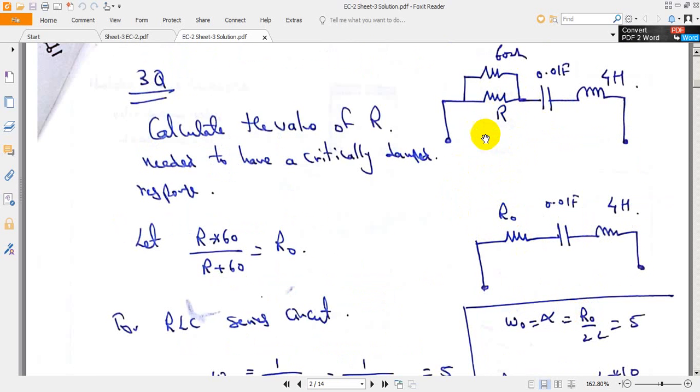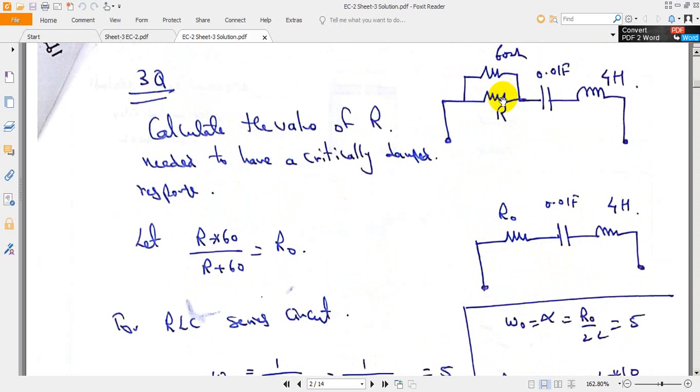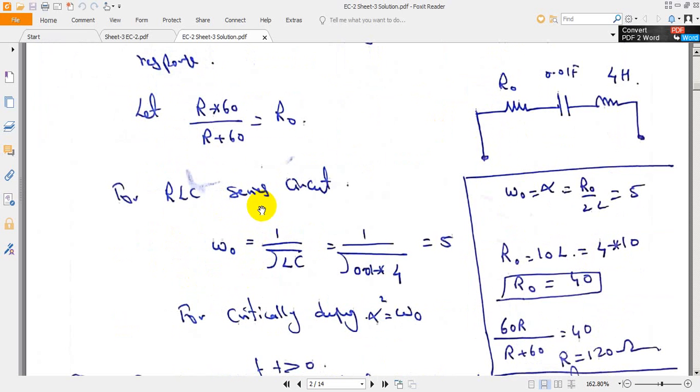What is the relationship between R and R naught? It is given as R into 60 divided by R plus 60. The reason is the equivalent resistance R naught is for the parallel combination of R and 60 ohms. So we can write R naught is equal to R into 60 divided by R plus 60.